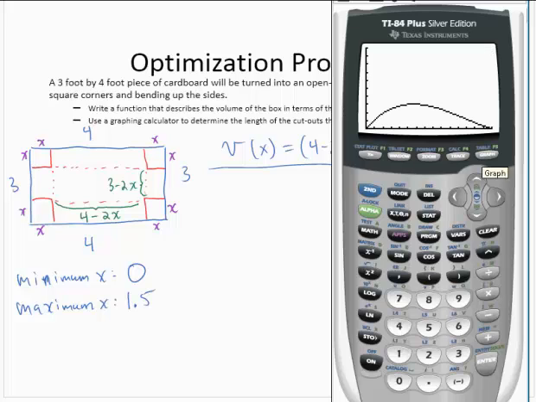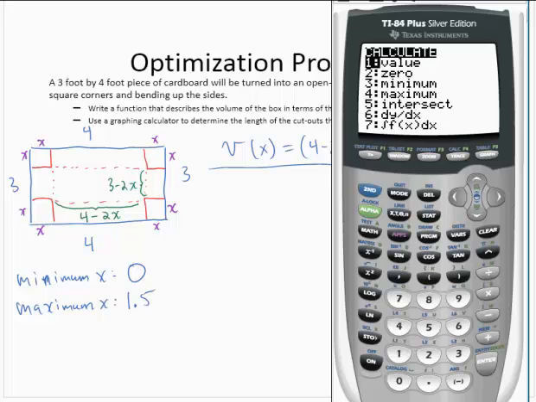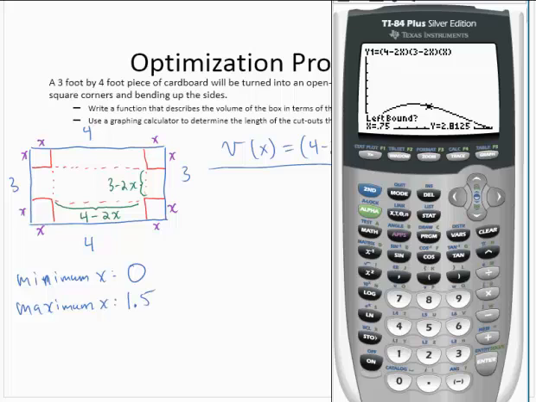I do see a maximum on that domain. Calculating the maximum. So the maximum occurs when x is equal to 0.57.